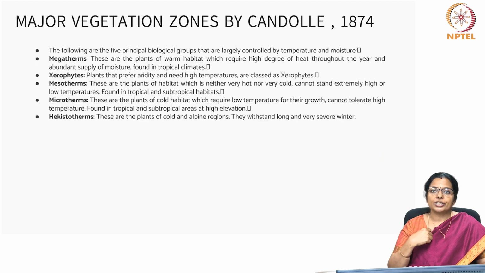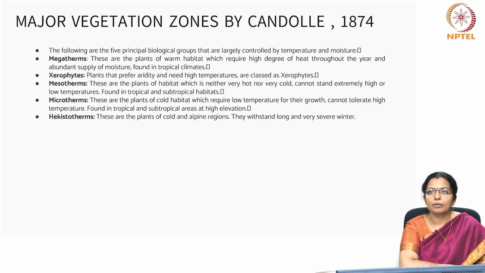the major vegetation zones. Let's talk about the major vegetation zones identified by Candolle in 1874. There are 5 main groups, each influenced by temperature and moisture. First, we have megatherm plants that love warmth and lots of moisture, mainly found in tropical climates. Then there are xerophytes, plants that thrive in dry conditions and high temperatures. Next up, mesotherms.